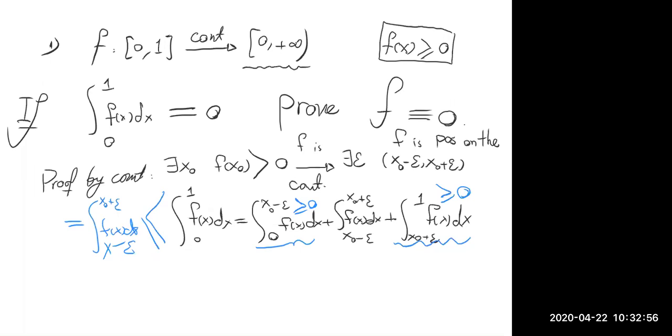But here the function is positive, and it's continuous. How can I say this quantity is a positive quantity? Can we approximate this value? What is it equal to? We know the integral of f of x dx from 0 to 1 is greater or equal than the integral of f of x dx on a very small interval around x naught.